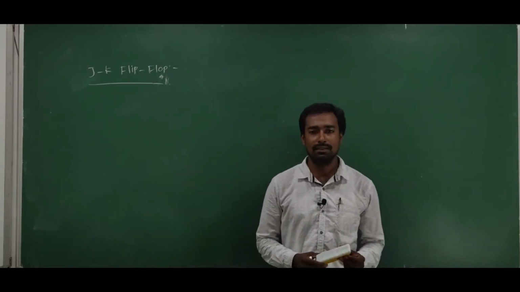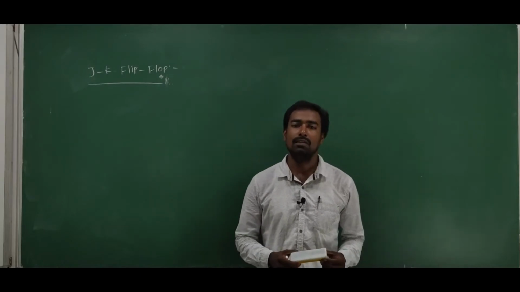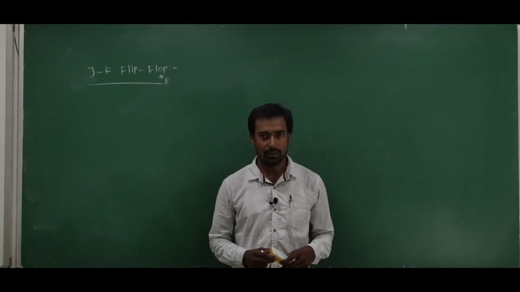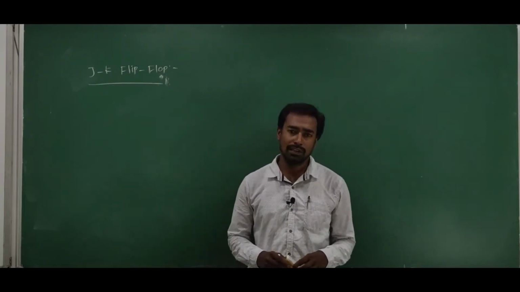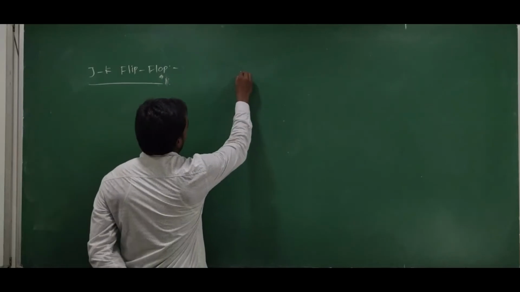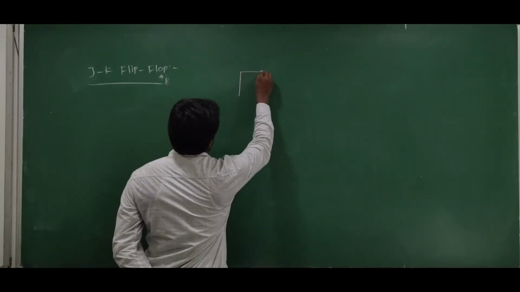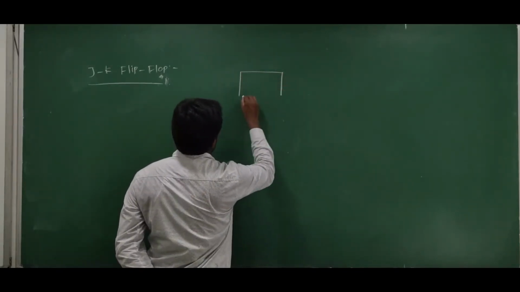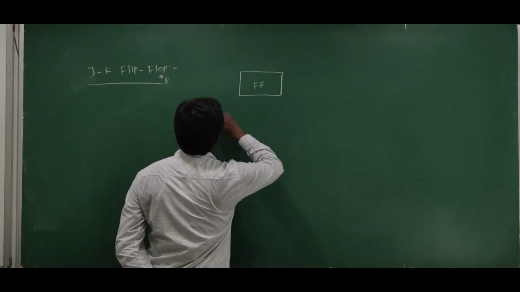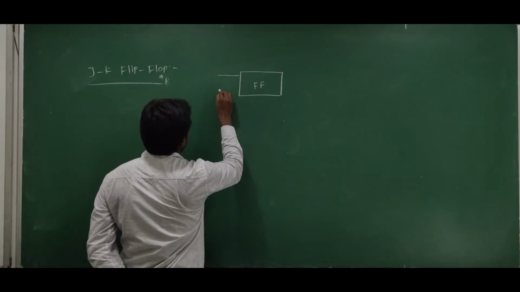And in this JK flip-flop we don't have the indeterminate or invalid state. The basic block diagram of the JK flip-flop: here this is one flip-flop, a sequential circuit.